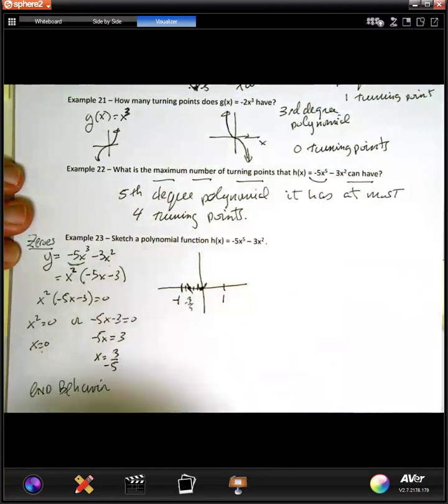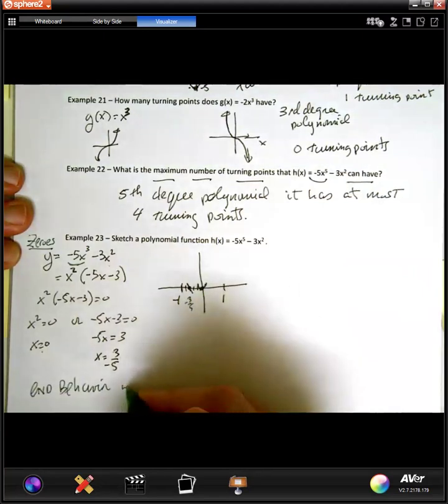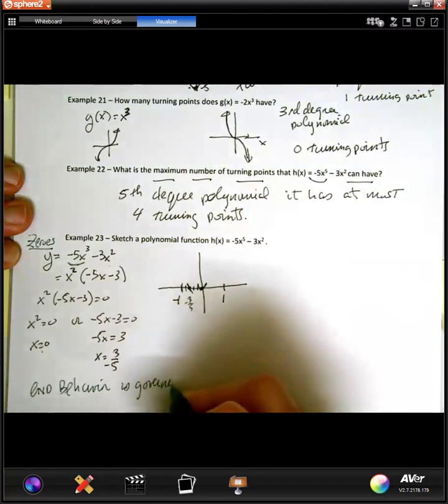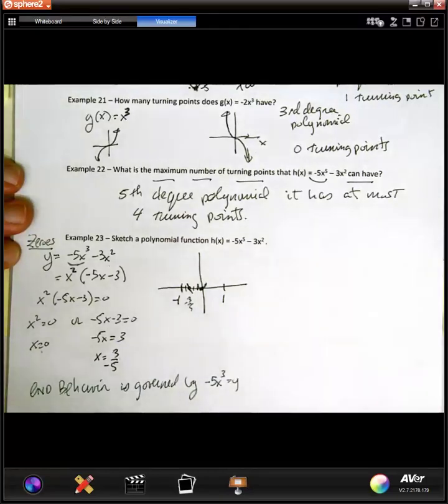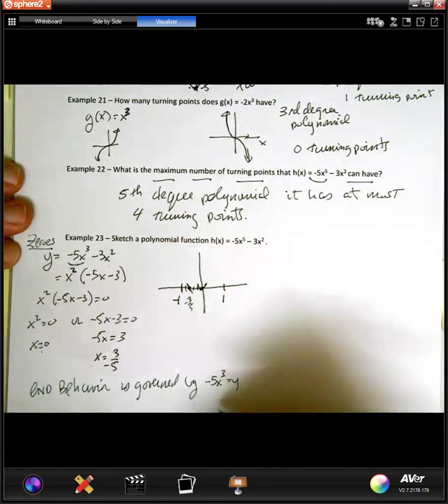Something to keep in mind, the end behavior is governed by the highest degree, which is this one. So if that's the case, what does this do for me? Well, I know that it's that cubic, and because the negative is upside down, really the basic look of this at the endpoints is this.